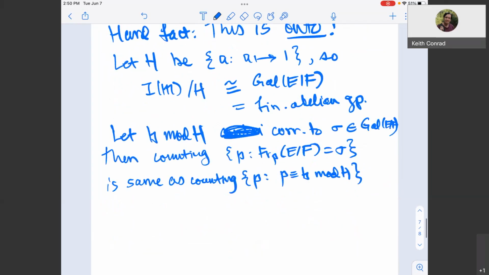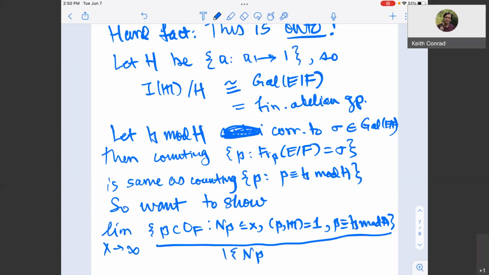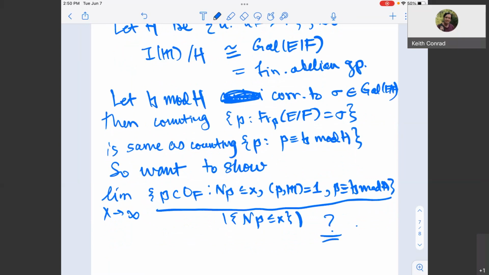And so now what we want to do is, the Chebotarev density theorem is turned into the statement that I want to show that the limit, when I count primes with norm up to x that are relatively prime to m, that are congruent to b mod h, divided by the count of all primes with norm up to x, is 1 over the degree of the extension, the size of the Galois group.